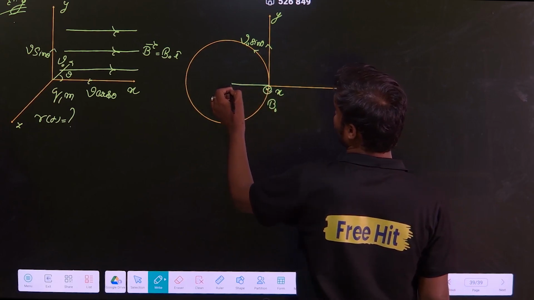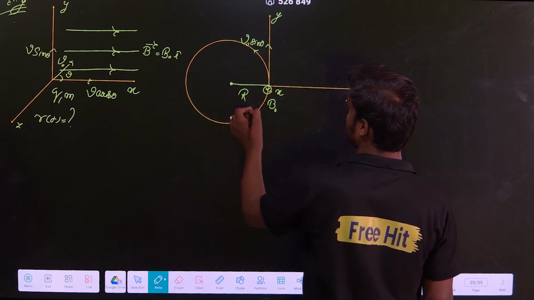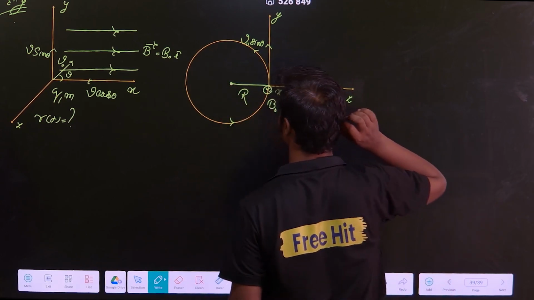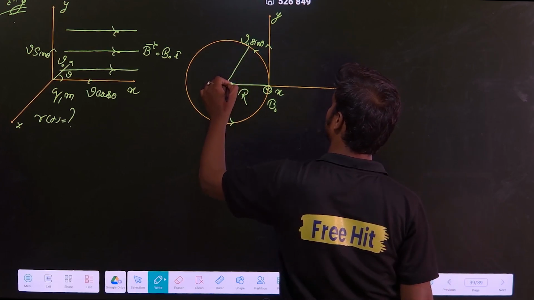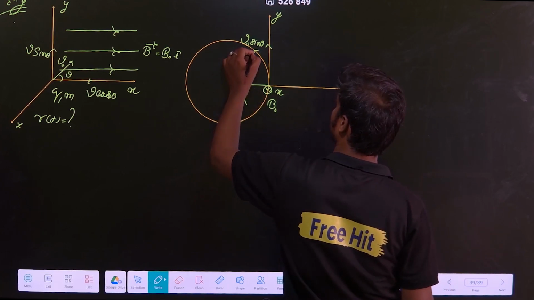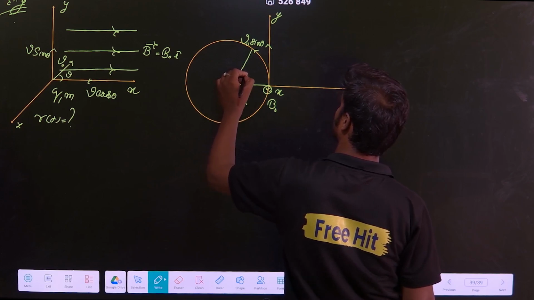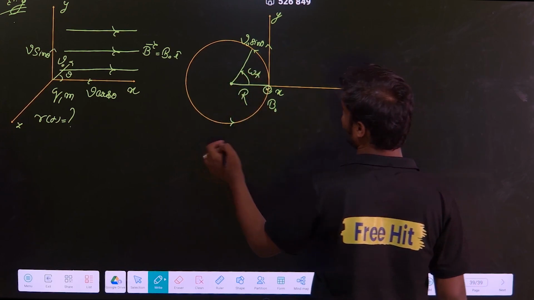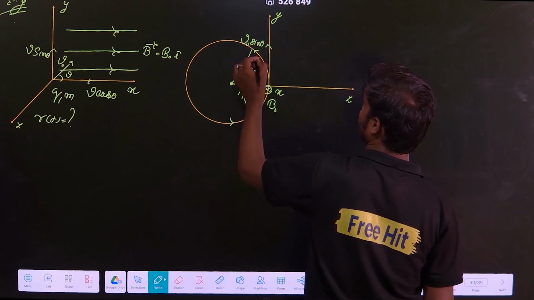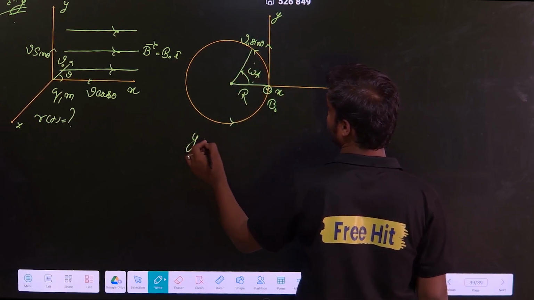Suppose this is my radius, obviously. If I want to write the position at some angle theta, that is omega t, what will be my coordinate? First I will write the component in the y direction. What is my position vector?